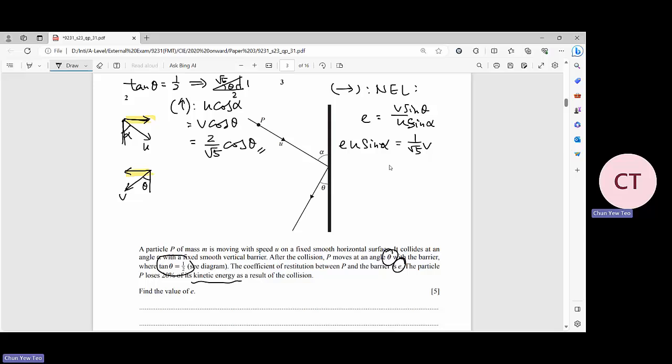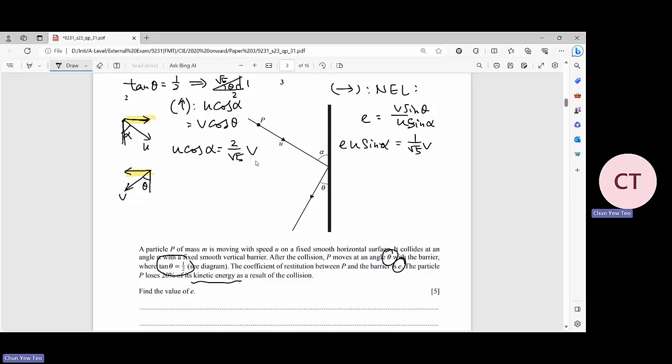Okay, so this will be the equation that we have. There's supposed to be a v here. Maybe I write it down properly. So this one, you get u cos alpha is equal to 2 over root 5 v.